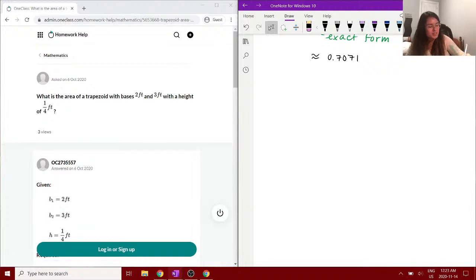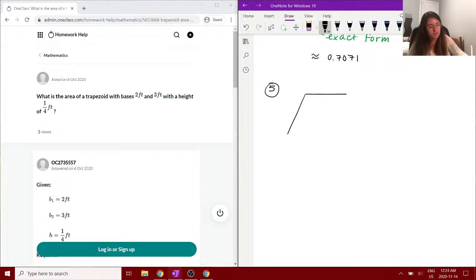All right, question number 5. So this question asks, what is the area of a trapezoid with bases 2 feet and 3 feet with a height of 1/4 foot? Okay, so let's draw this first.